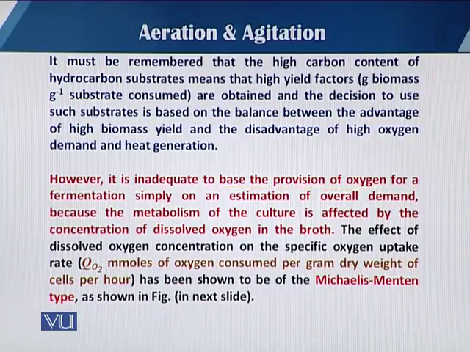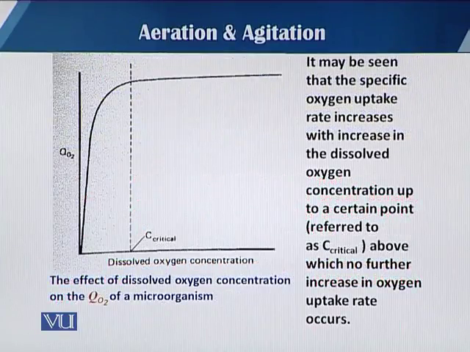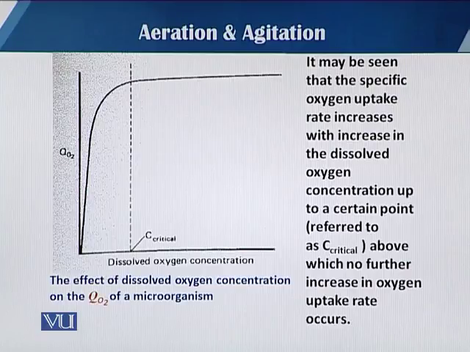It should be noted that the specific oxygen uptake rate increases with the increase in dissolved oxygen concentration up to a certain limit, which we refer to as the critical stage.